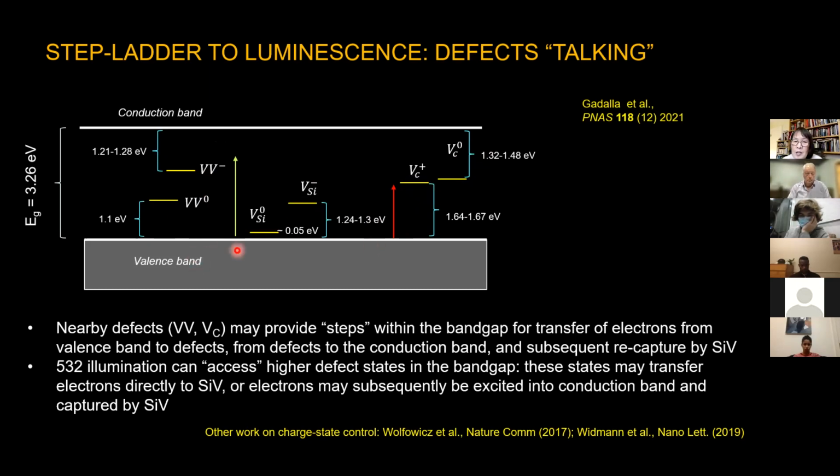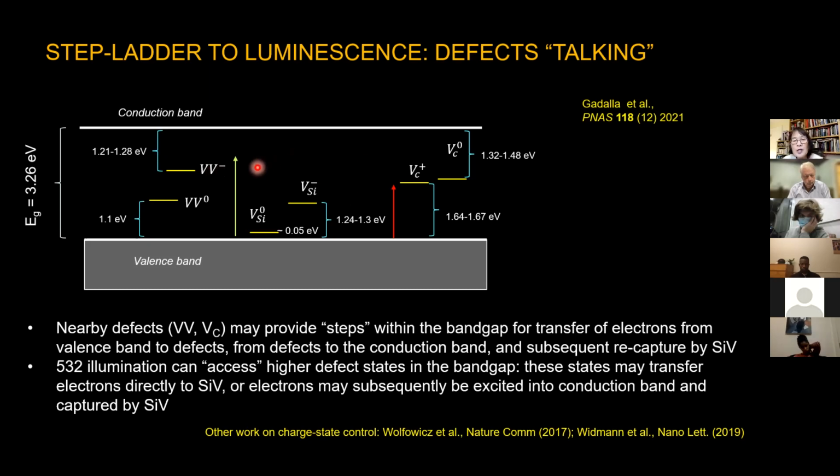And the point is that red is enough to induce the charge state change in the silicon vacancy, but it doesn't quite have enough energy to make the transitions to the carbon vacancy or the silicon carbon divacancy.